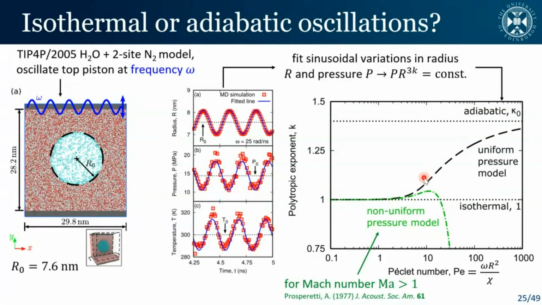Now, one model here assumes that the pressure inside the bubble is uniform. There have been other developments to this model to look at non-uniform pressure. And what happens as these bubbles oscillate, we have these standing waves develop within the gas phase, which cause interference patterns and change the effective polytropic exponent K. We get this peak, which roughly corresponds to a Mach number of about 1 in the gas phase.